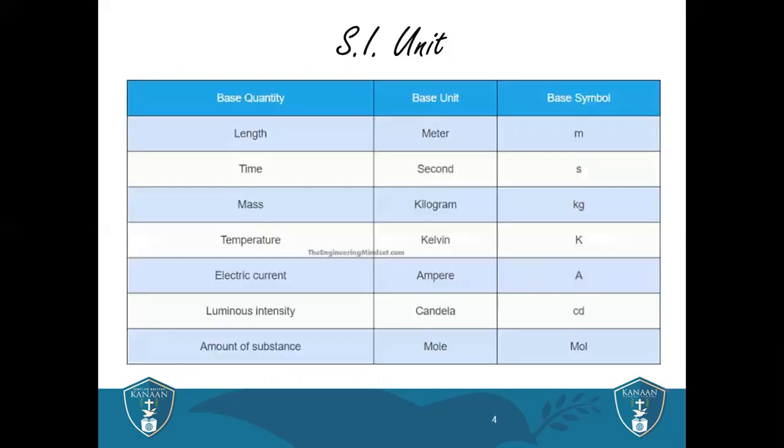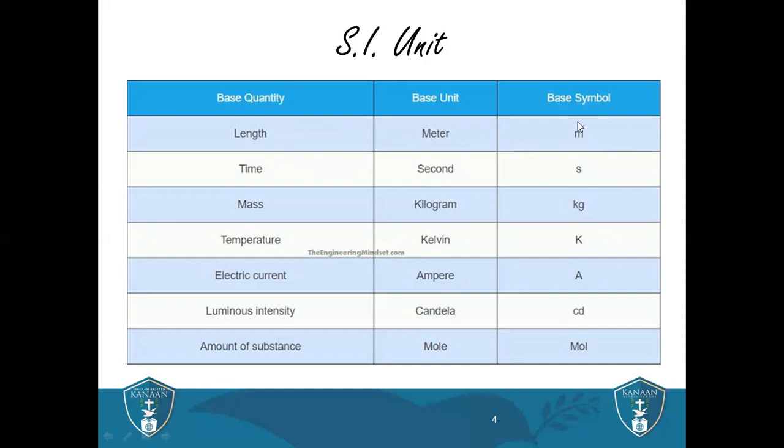Okay, the SI unit, also known as Système International, founded in French, and that's why it sounds French. From what we know, length is a base quantity, the base unit is meters, and the symbol is the small m. Now, some of these may be repeated.